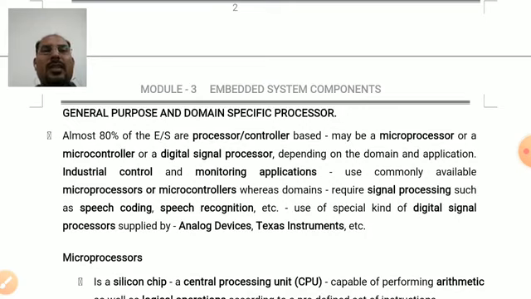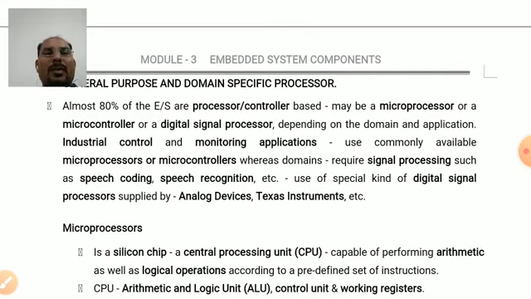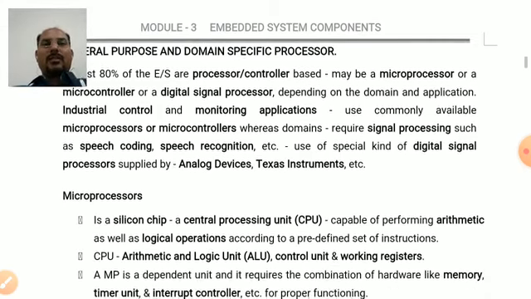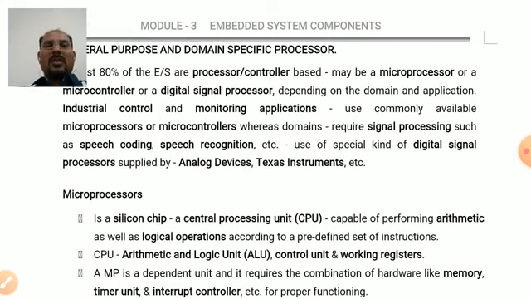For example, in the industrial control and monitoring applications, we are using microprocessors and microcontrollers. Whereas the domains wherein I require signal processing, such as speech coding and speech recognition, I will be using digital signal processors. And these processors are supplied by the companies called Analog Devices, Texas Instruments, etc.